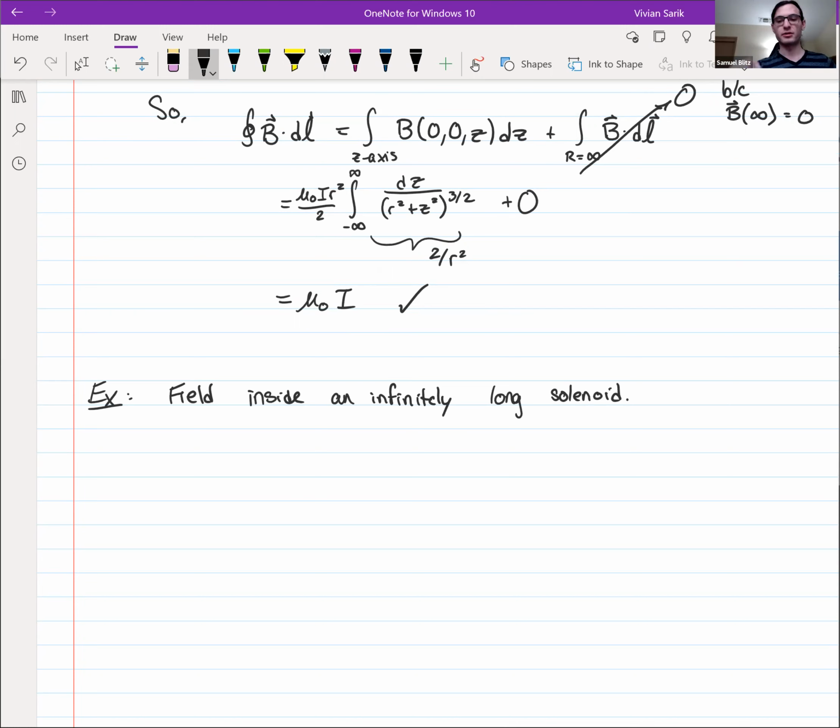So let's do it, and we're going to do it using Ampere's law. Before we can calculate what the magnetic field is, we need to establish what the symmetry of the problem is. So for a long solenoid, we're actually going to have to use Ampere's law twice to establish the symmetry.